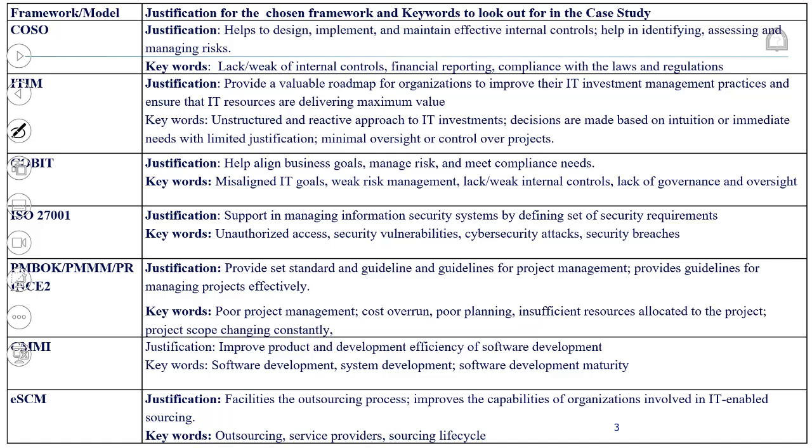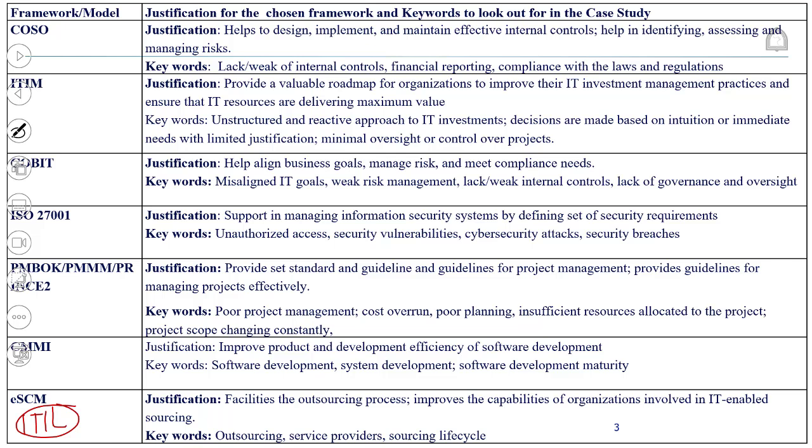And in there, I've said how you can justify a framework and some of the keywords that you can look for in a case study. The only one remaining is ITIL. I didn't include ITIL here because I've covered ITIL elsewhere.